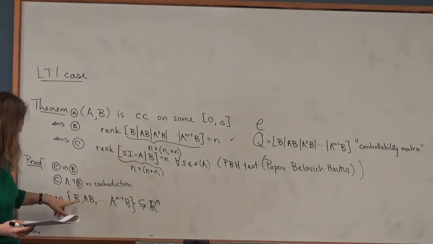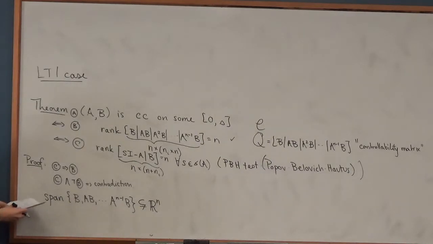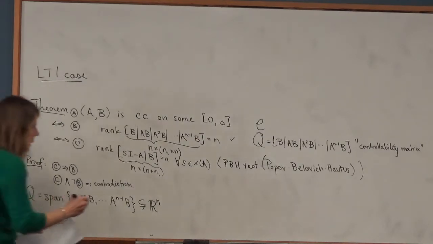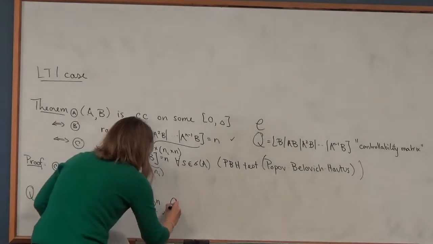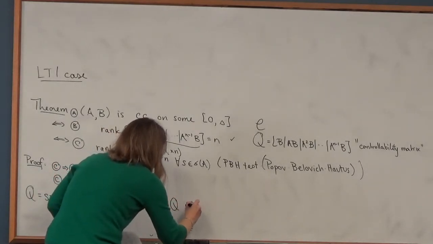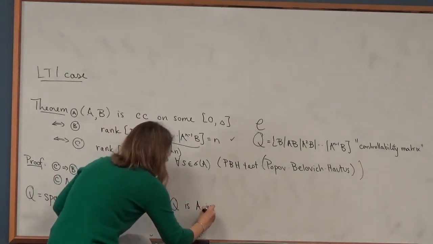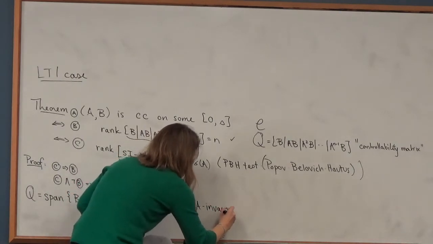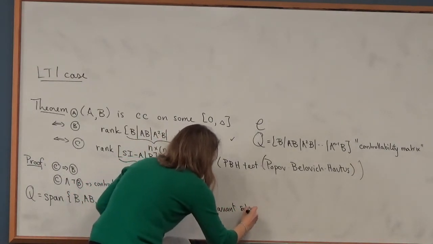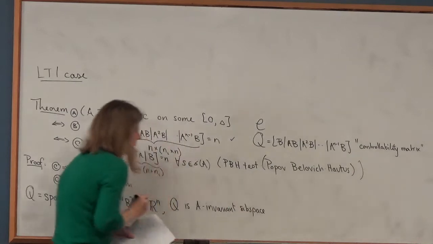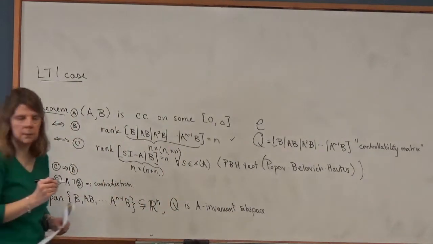And I'm going to call that span Q, the span of the columns of the controllability matrix. And we also see, by our definition of A invariance, that Q is an A invariant subspace of Rn, which we proved as one of the exercises when we were talking about subspaces.